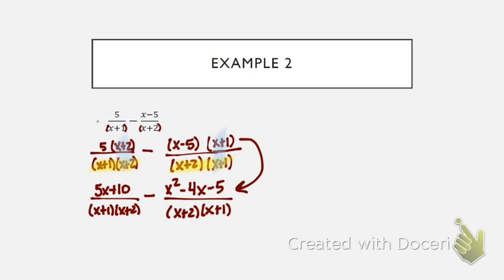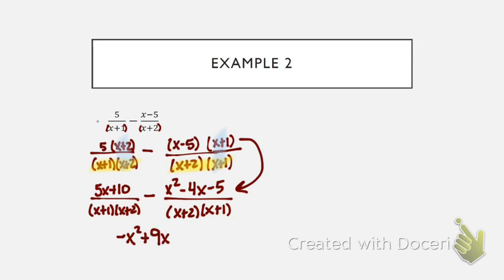So now we need to combine like terms in the numerator. So we have no x squared in the first fraction, minus x squared. So that's negative x squared. Then I have 5x minus 4x, which is 9x.